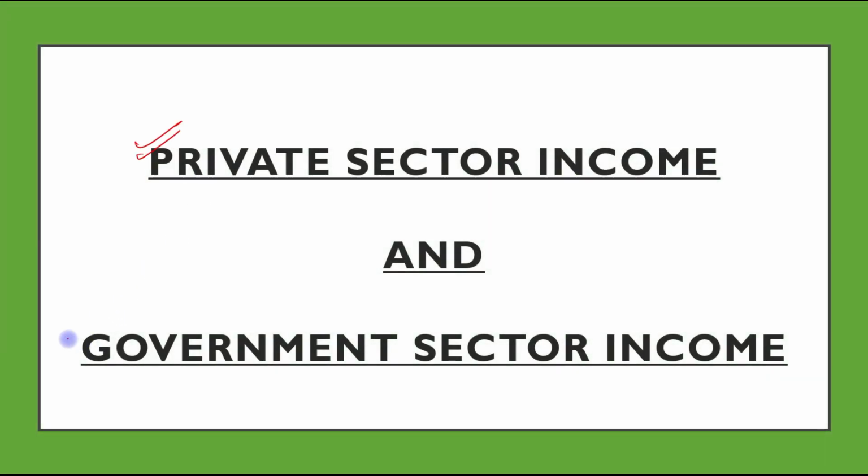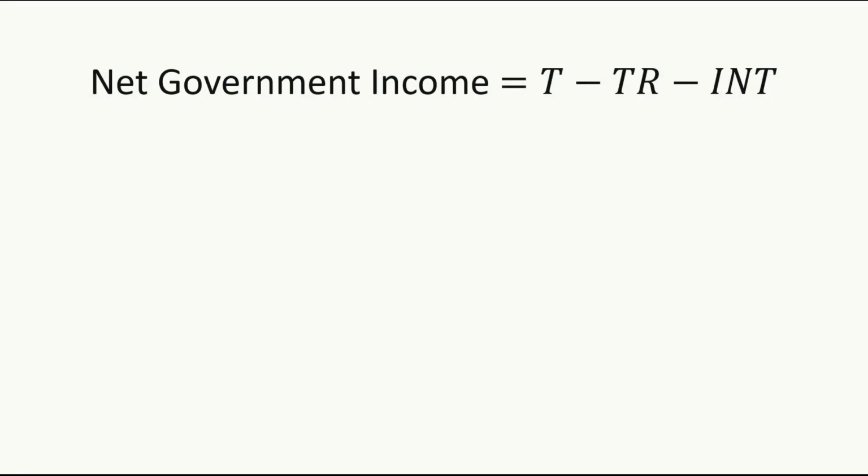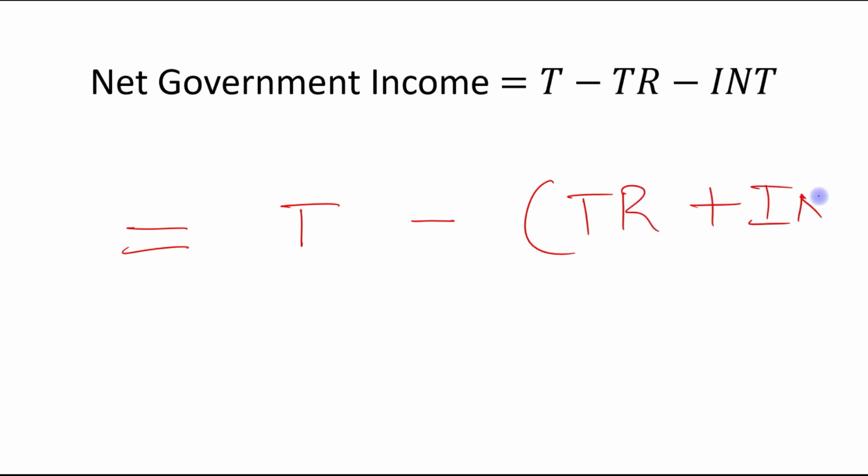Next, look at the second part of this video, which is government sector income. So the net government income can be written in this form. See, I can also write it in this form. It is easy to understand now because we are calculating net government income, meaning revenue minus expenditure.